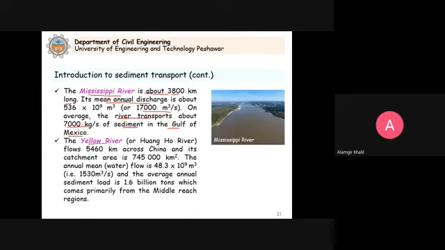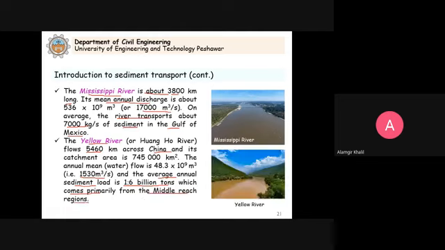The Yellow River in China flows 5,460 kilometers across China. The annual mean flow is 1,530 cubic meters per second, and the average annual sediment load is 1.6 billion tons, which comes primarily from the middle reach regions.